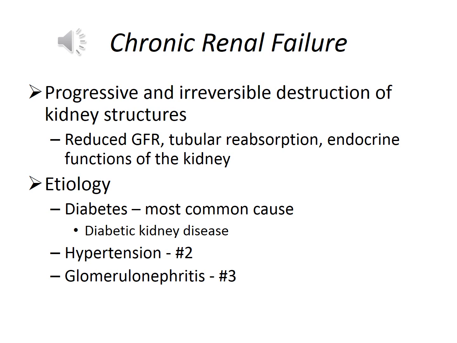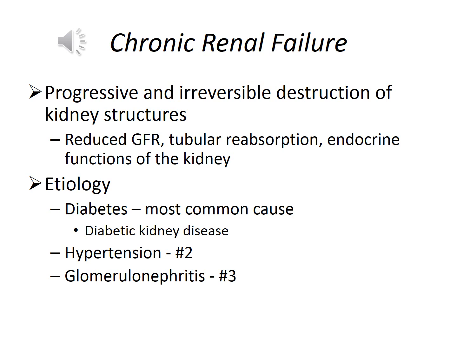The hallmarks of these are going to be reduced glomerular filtration rate. We'll see problems with tubular resorption, and then we're going to have issues with the endocrine function of the kidneys. So we'll specifically see one of the more important ones is with our blood hormone, erythropoietin, as well as others like vitamin D and those kind of things.